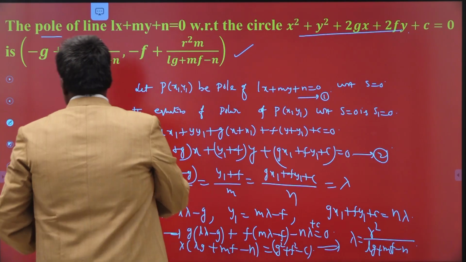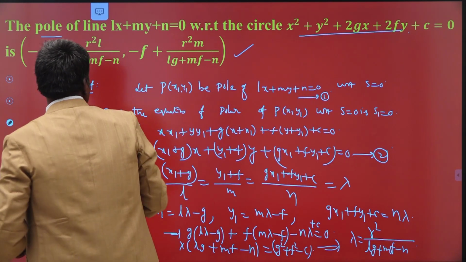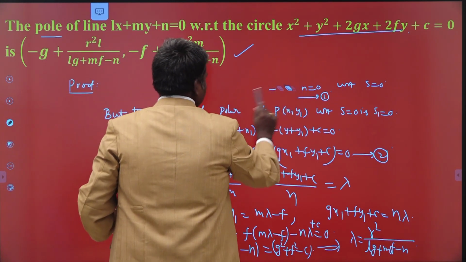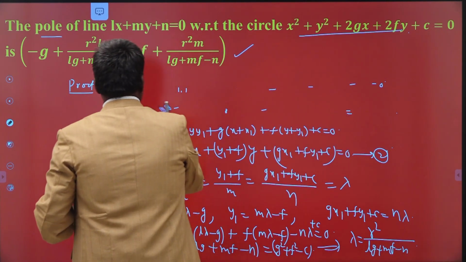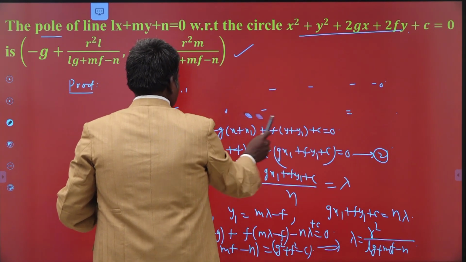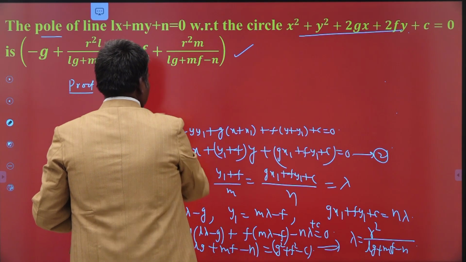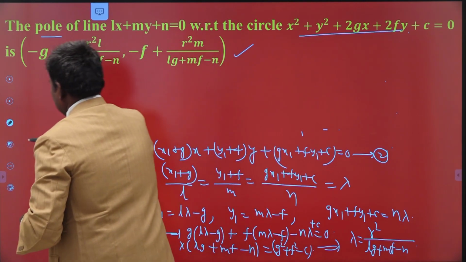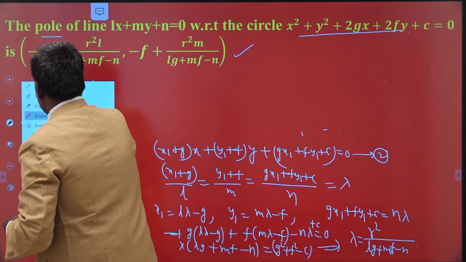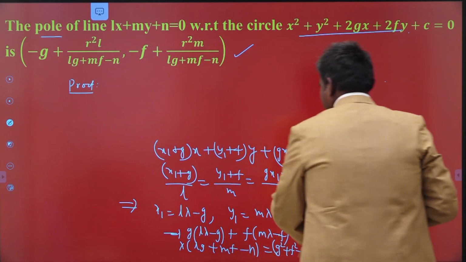Understand? See here. This is your lambda.